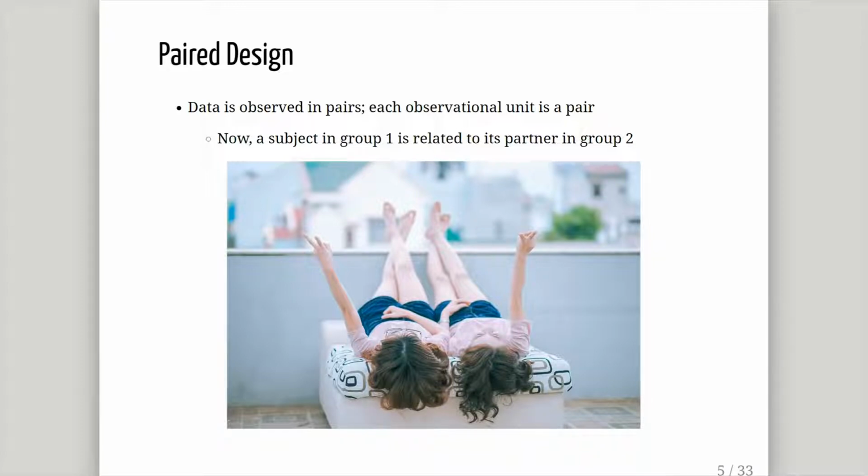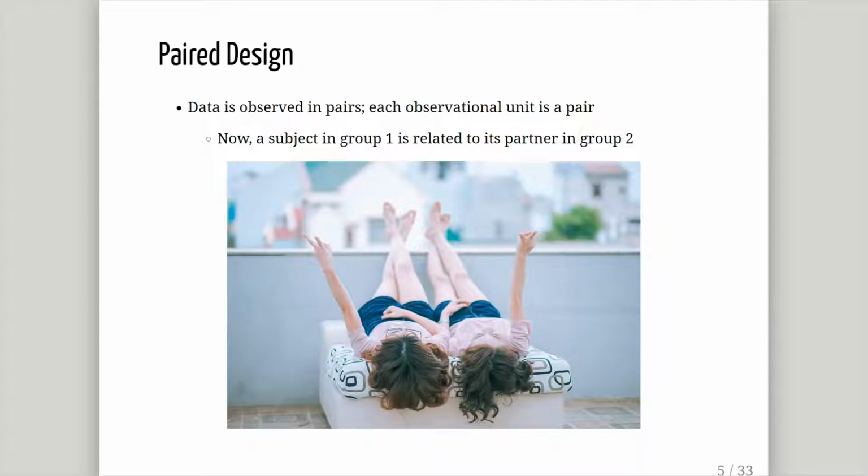To control this relation, we're going to put observational units into pairs. Therefore, we can say a pair is an observational unit. So please remember in chapter 7, each observational unit in the study will be a pair of subjects.